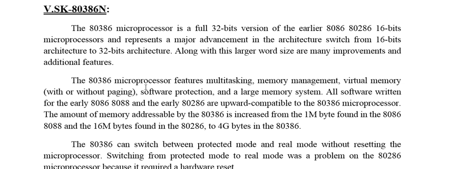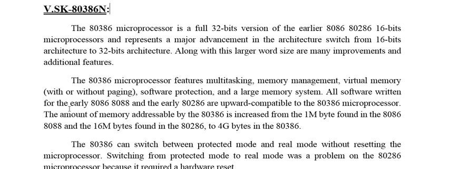The 80386 microprocessor features multitasking, memory management, and virtual memory with or without paging. You all know what paging is. Paging is one message broadcast to everyone. This is known as paging. It also provides software protection and a large memory system. So other than logical and arithmetic operations, the 80386 can also perform multitasking, memory management, virtual memory management, software protection, and a large memory system.